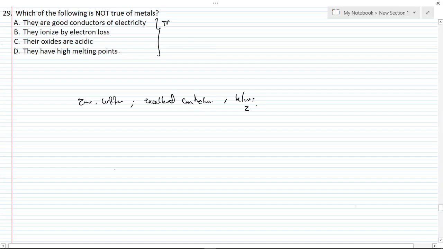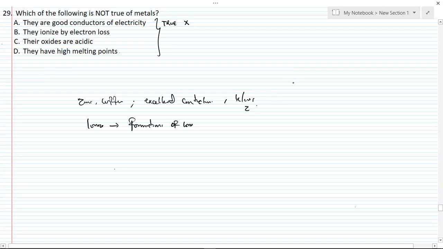So this is true of metals, so that's not the correct option. B, they ionize by electron loss. Ionize pretty much means formation of ions. So when they say they ionize by electron loss, it means they form ions by losing electrons.